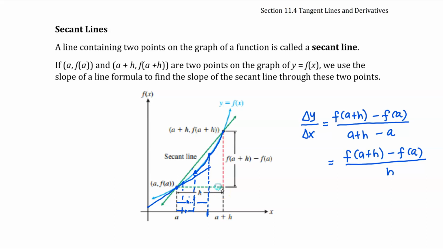So in other words, if you take the limit of the slope of the secant line as h approaches 0, this value will approach the slope of the tangent line at that point.